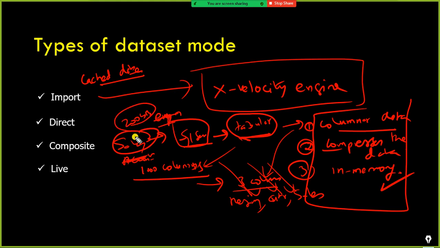Is it 200 GB? No, it is not. In import mode, the X velocity engine converts this into columnar data, compresses it, and loads it in memory, and it gets compressed to let's say 30 GB or 20 GB. Since it uses the compression technique, it reduces the file size drastically. Hence, the source system file size is not the same as the imported file size.